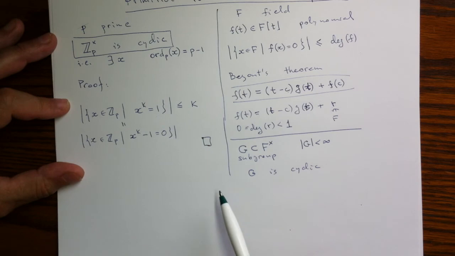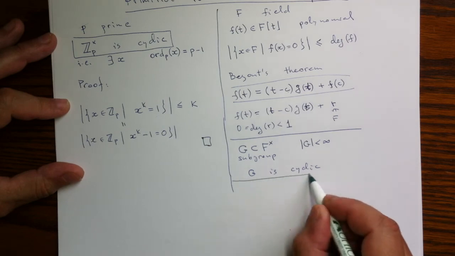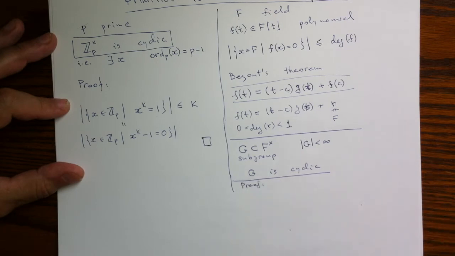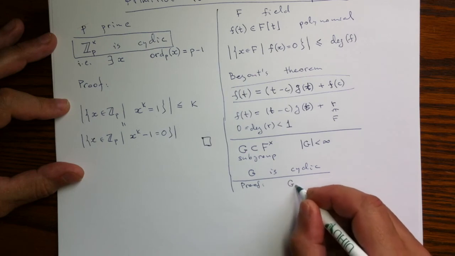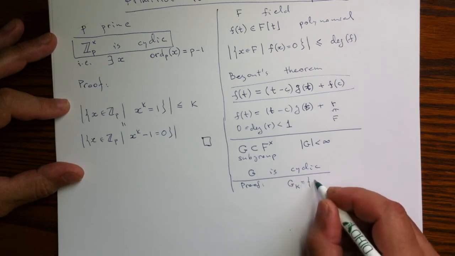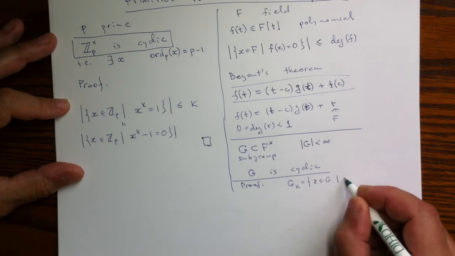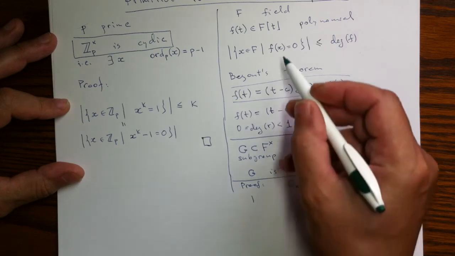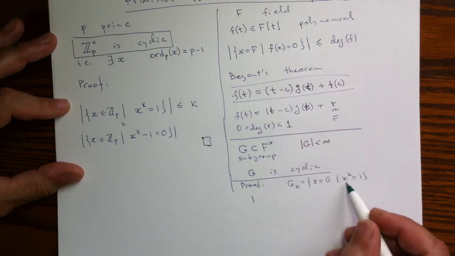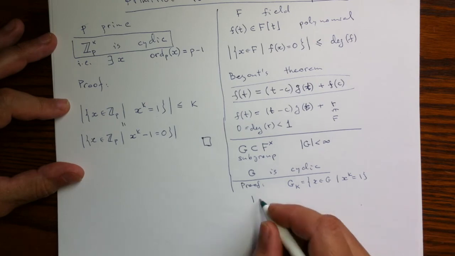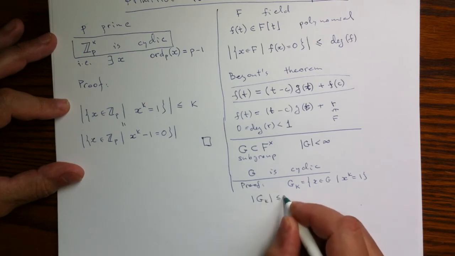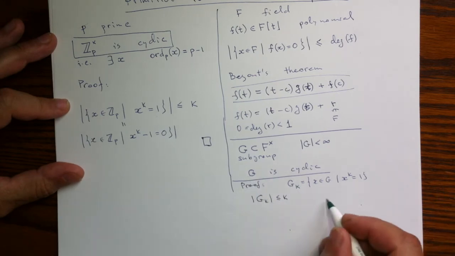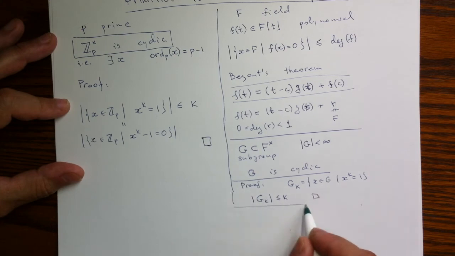And the logic is still the same: we apply to this group the characterization of cyclic groups, we look at the subset of solutions inside this group of this equation, and then we know by the same argument that these are roots of the polynomial of degree k, so the number of such should be bounded by k, and that is enough to be sure that the group is cyclic. So again, that is the same logic.